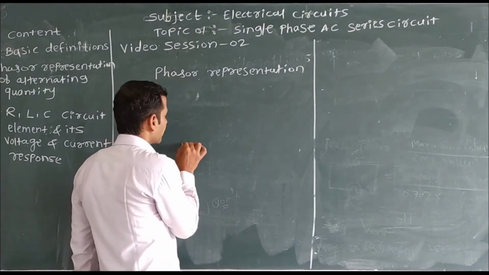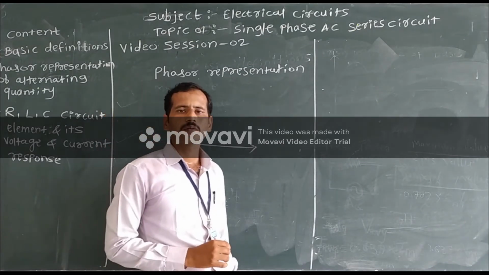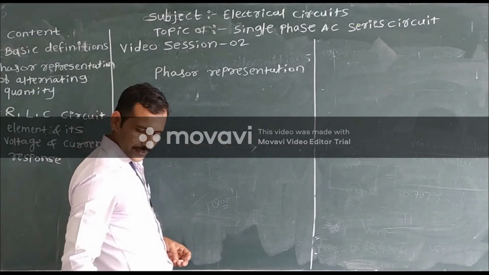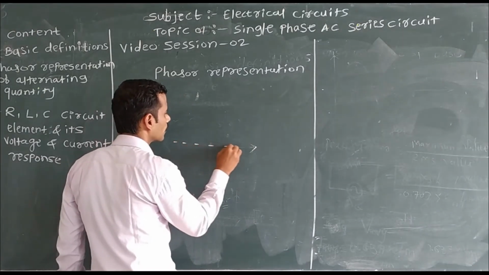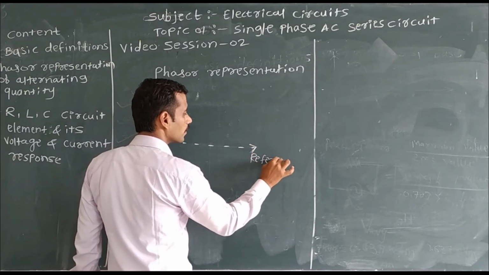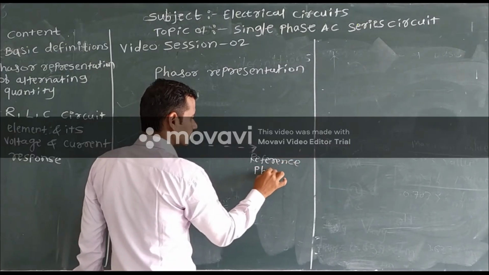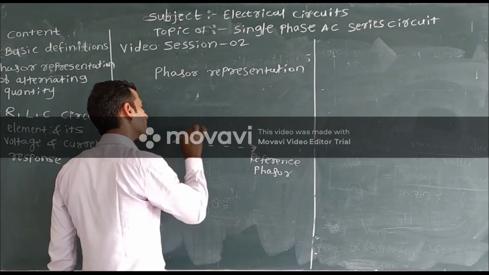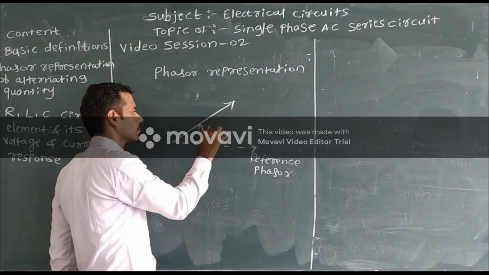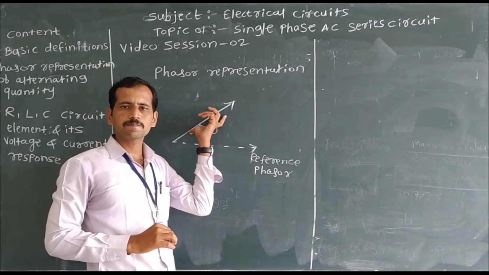A phasor is simply a straight line with an arrow marked in one direction. Here I am taking a simple reference phasor. A phasor is nothing but a straight line with an arrow marked.